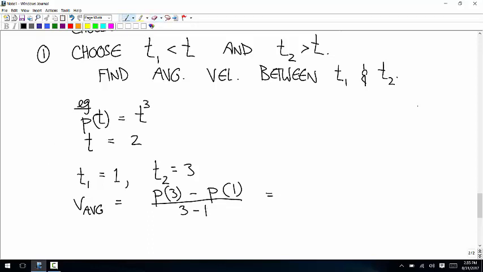Okay, so if the position is time cubed and time is 3, what's the position? Yeah, 3 to the third is 3, 9, 27. And then if time is 1, what's the position? 1. And then 3 minus 1 is 2. So you get 26 over 2, so 13.